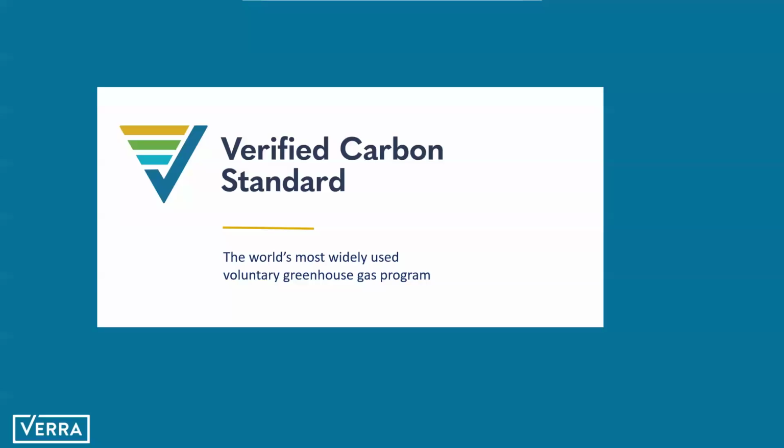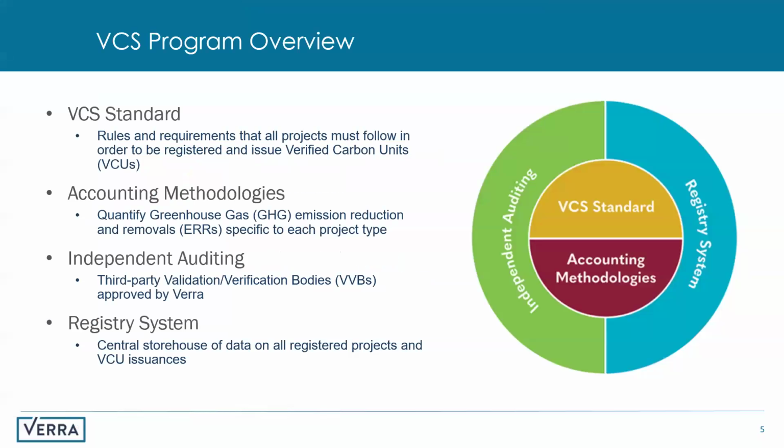As you already know, the VCS program is the world's most widely used voluntary greenhouse gas program today. The VCS is essentially comprised of different components, which are shown in this slide. In the picture on the right, you can see that at the core of the VCS program, there is an underlying VCS standard, which is a set of rules and requirements that all projects must conform to.